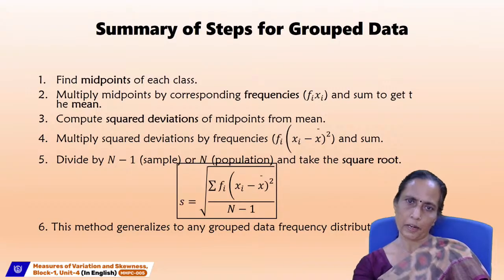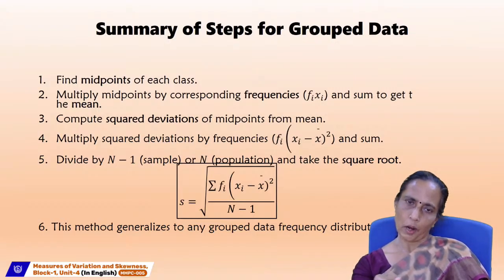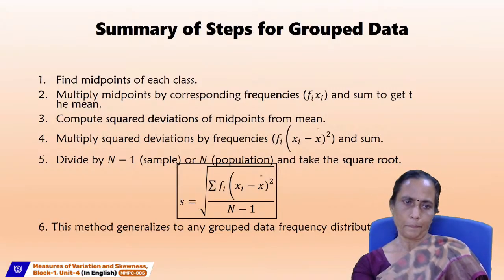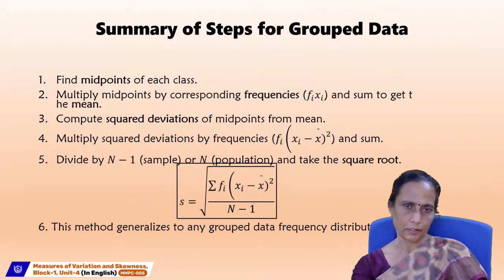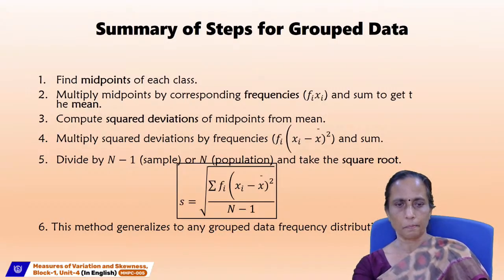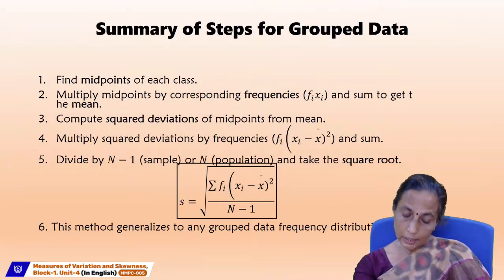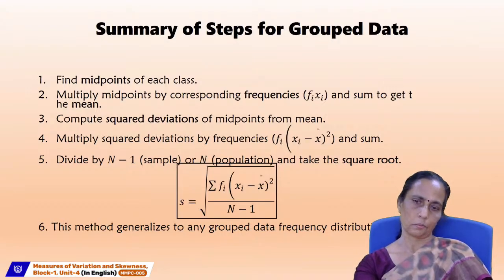Multiply your midpoints by corresponding frequencies and sum to get the mean, and compute square deviations of midpoints from the mean, multiply your square deviations with the corresponding frequency, then sum and divide by n minus 1 if it is a sample or n for a population, and take the square root.